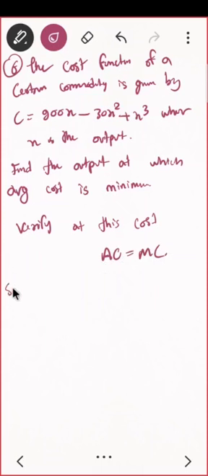I'll give you 3 minutes. Do this question and tell me the minimum cost, and you have to verify whether AC is MC at that value of x. Start with this quickly. You are given total cost.